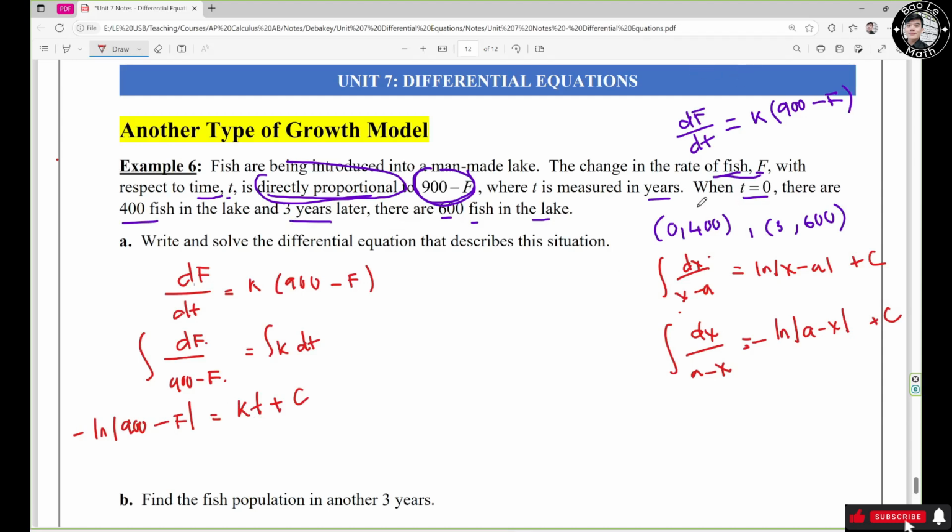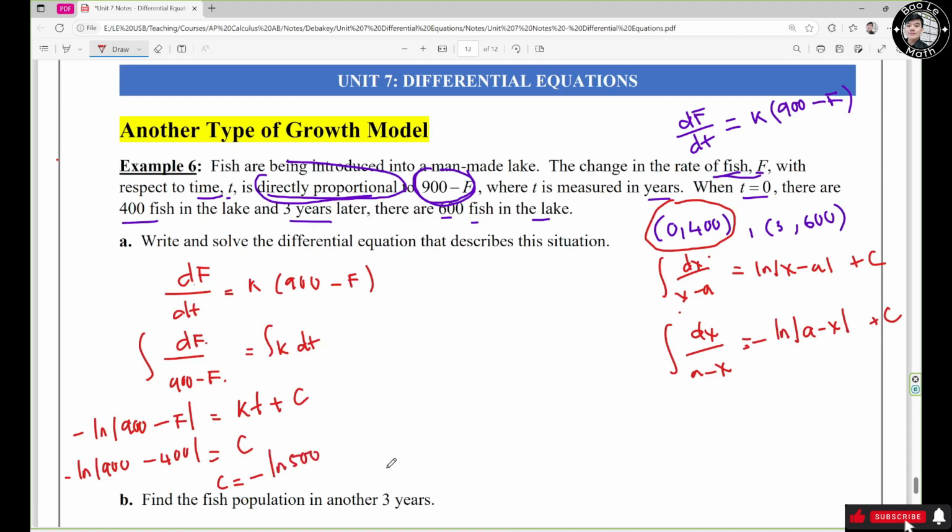Now we need to use the first order pair right here to solve for c. So we have negative natural log of 900 subtract 400 equals t equals 0, so this one equals 0, so it could be c. So c equals negative natural log of 500.